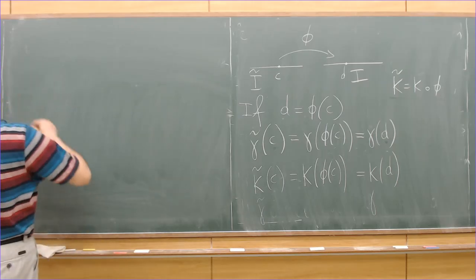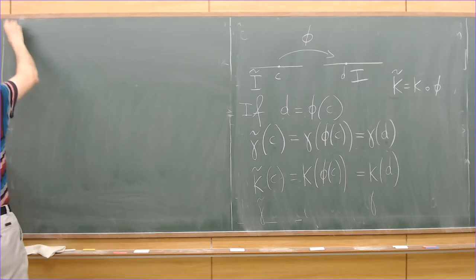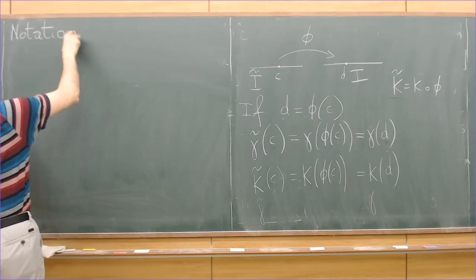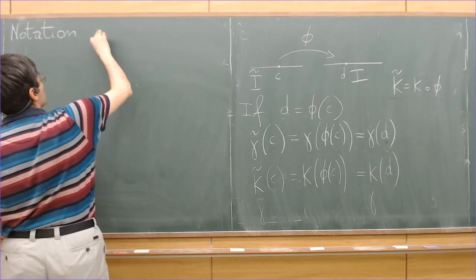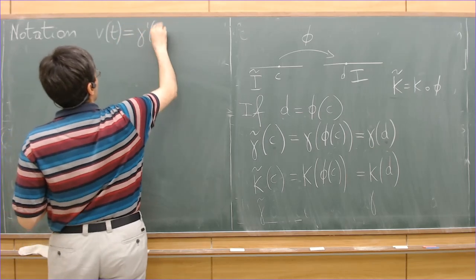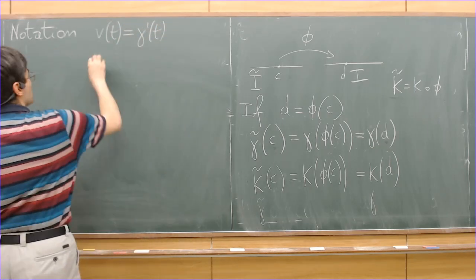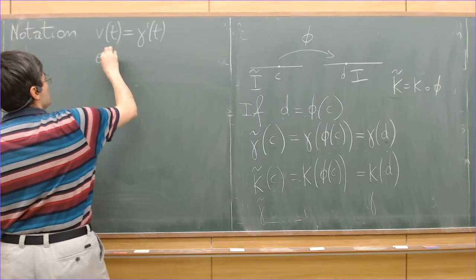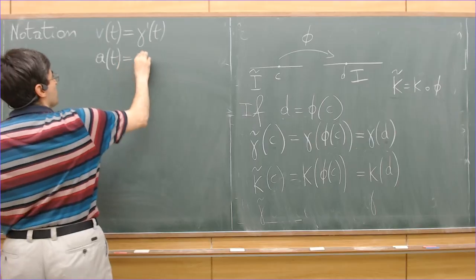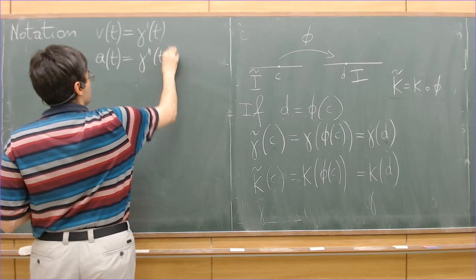Let's start from the notation I will use. The velocity vector of gamma is gamma prime t, and the acceleration function is given by gamma second t.